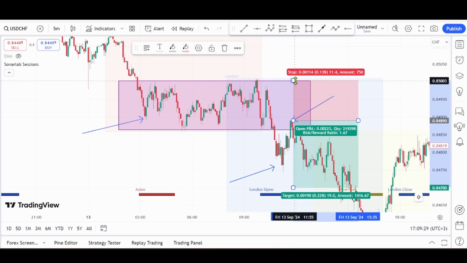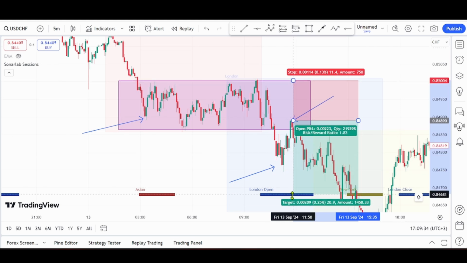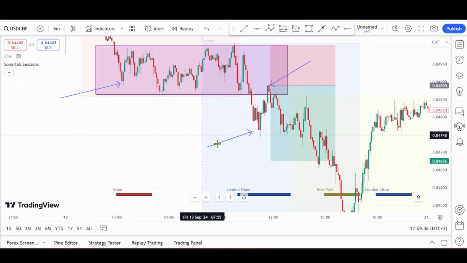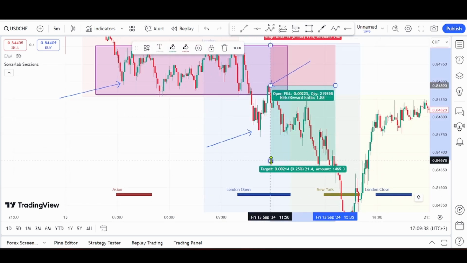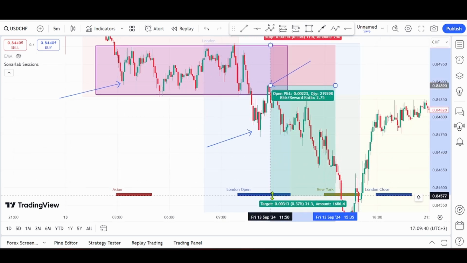You can use a 1 to 2 ratio, but we shall be using a 1 to 3 ratio. And see, one, two, three, yeah.